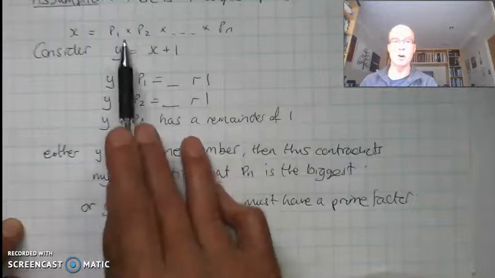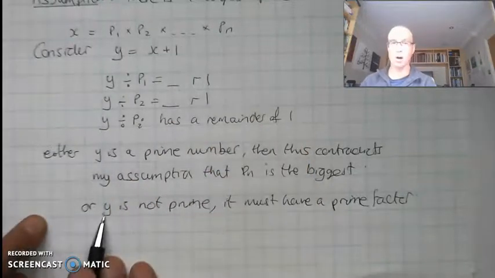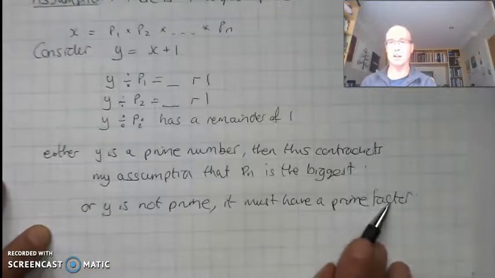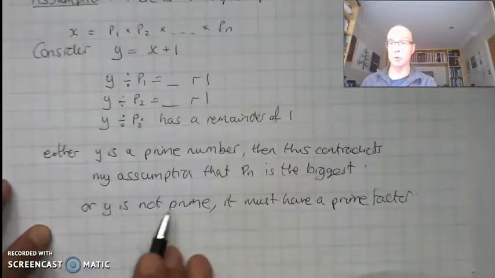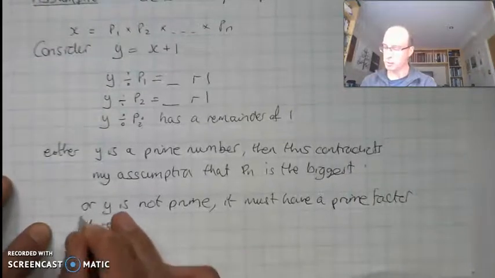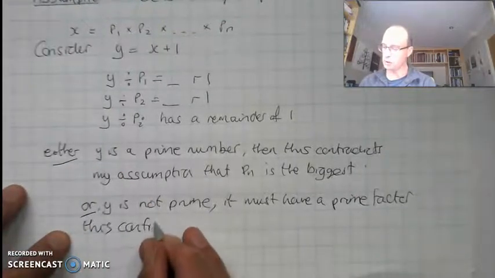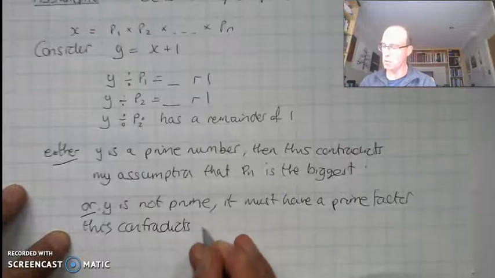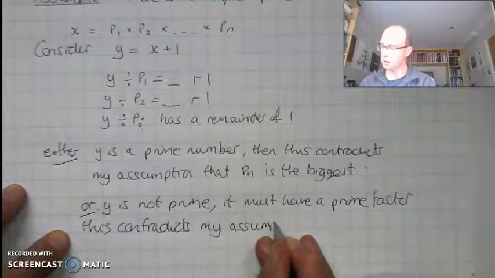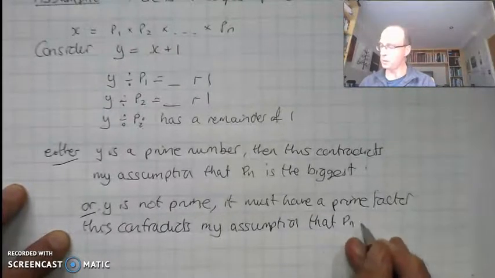So none of P1 to Pn is a prime factor of y. Therefore, there must be another prime factor that's bigger than Pn. So that also contradicts my assumption that Pn is the biggest.